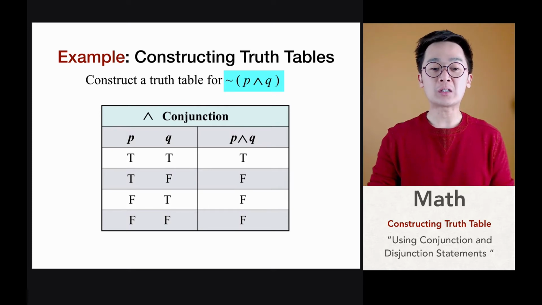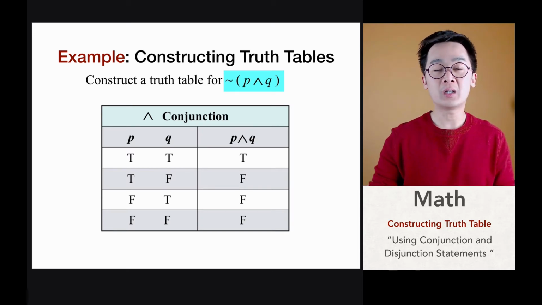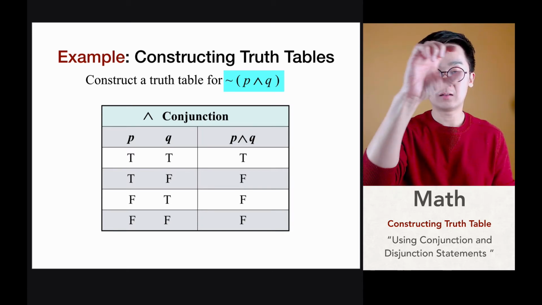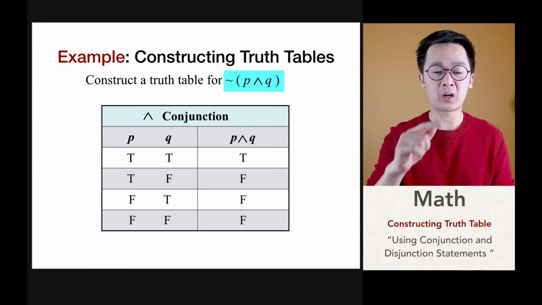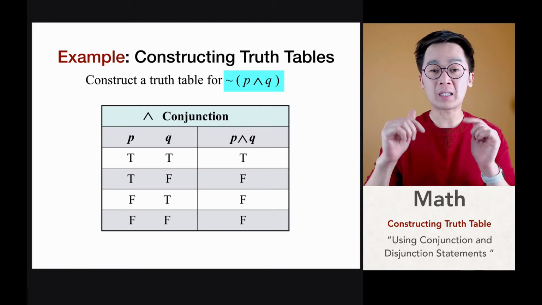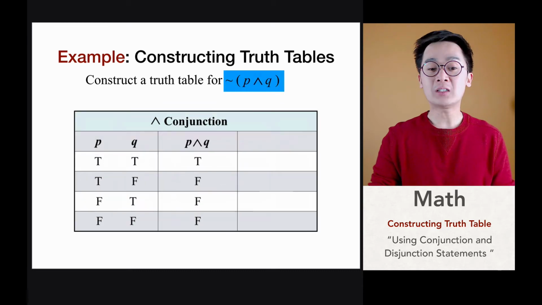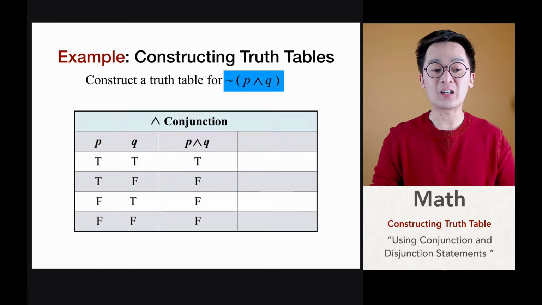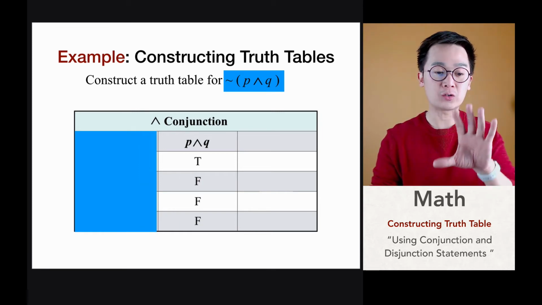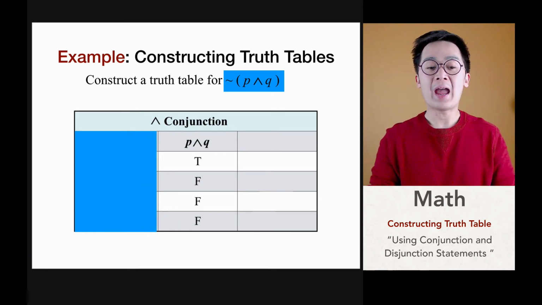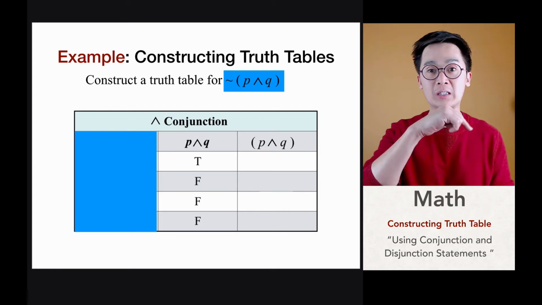So if we're going to come up with another column that would indicate the symbolic form of our truth table for not quantity P and Q, all we have to do is basically ignore the first two columns so that we can concentrate on P and Q. And what we're going to do with that is negate it.